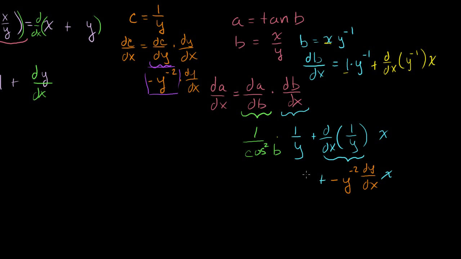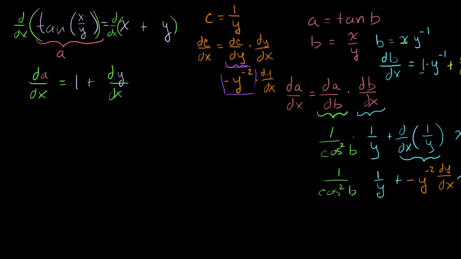And then we had the plus 1 over y. And all of that was times the 1 over cosine squared of b. So now we've simplified this a good bit. And I hope going into the chain rule didn't confuse you, because I really want to hit the point home that all of these implicit differentiation problems, these dy dx's, are not some rule that you should memorize. They come out naturally from the chain rule.